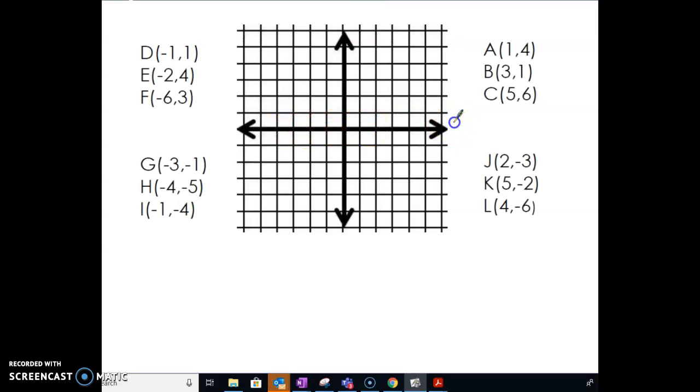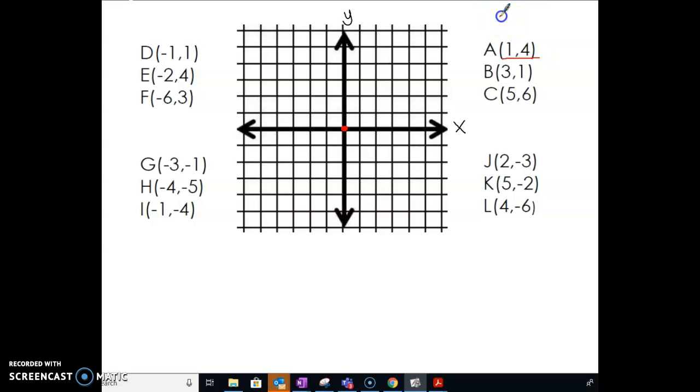Again, we're going to label the x and the y-axis, and if we're going to be able to find these points, we're always going to start at the origin when moving left or right, up or down. This point where they cross is the origin. So what we've done is set up what we call an ordered pair.